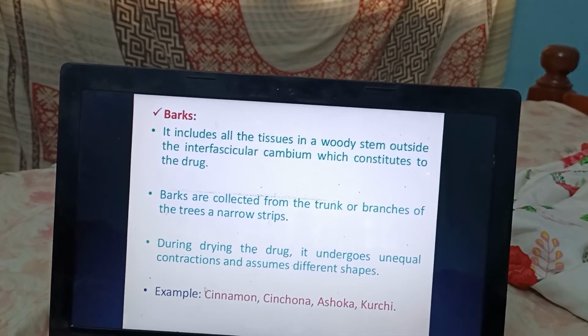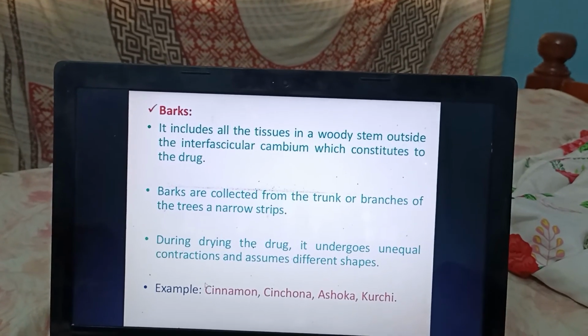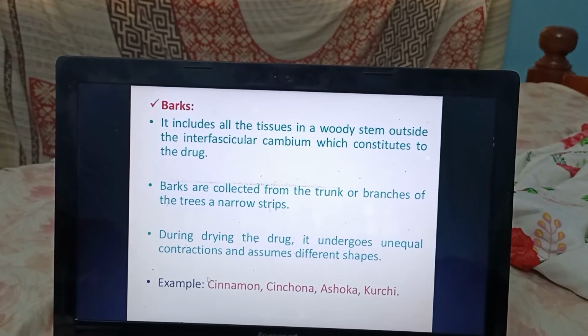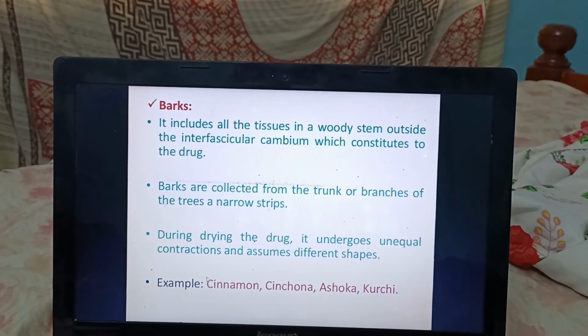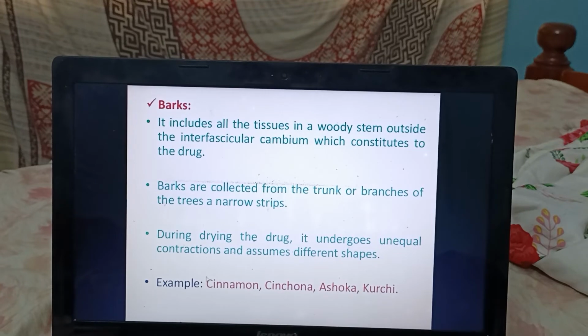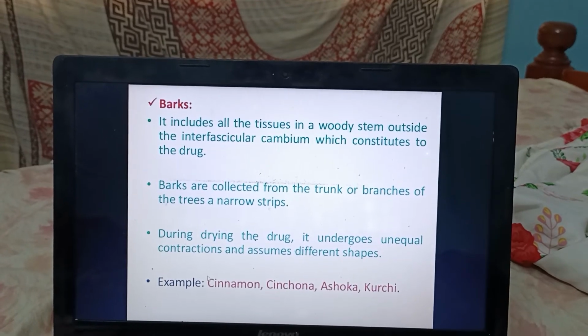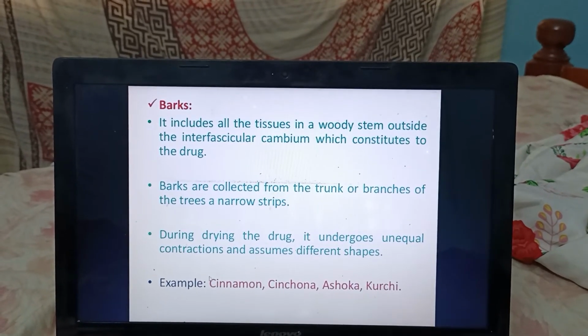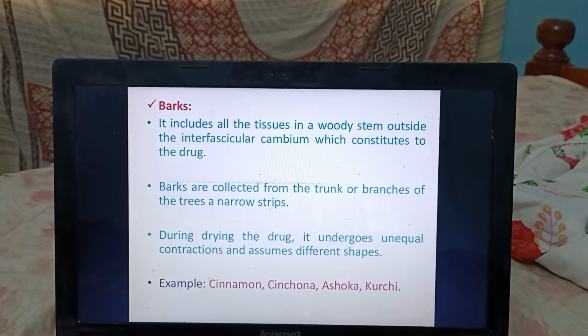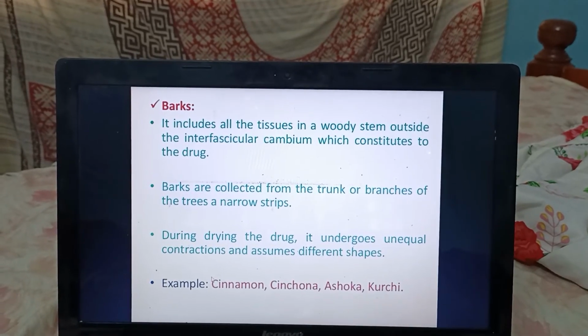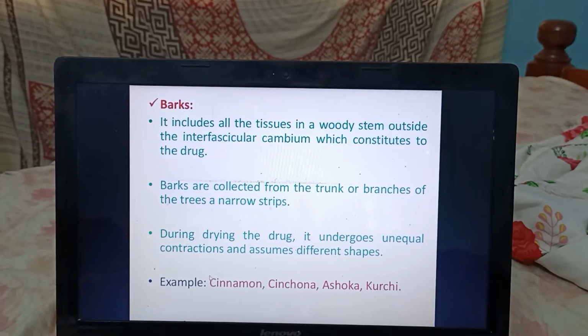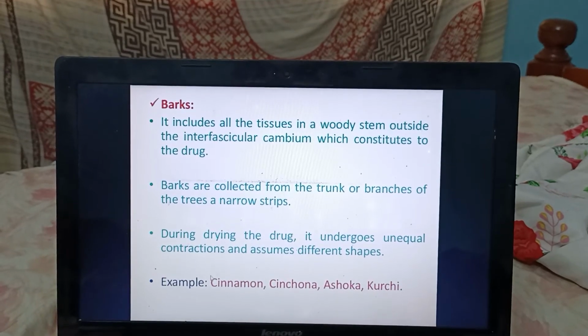Bark is collected from the trunk or branches of the trees in narrow strips, so narrow strips only we can collect. During drying of the drug, it undergoes unequal contractions and assumes different shapes. Examples: cinnamon, cinchona, ashoka, kurchi.